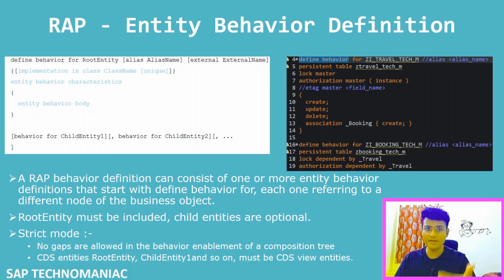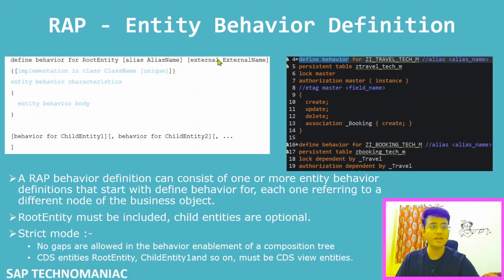When we see that service, externally it should be in an understandable format. So that external name we can define here, and it will be visible in our metadata file. Whoever the front-end person is, using that particular service, they can see the service and the service name in an understandable format.